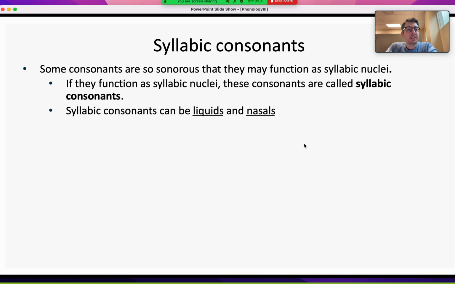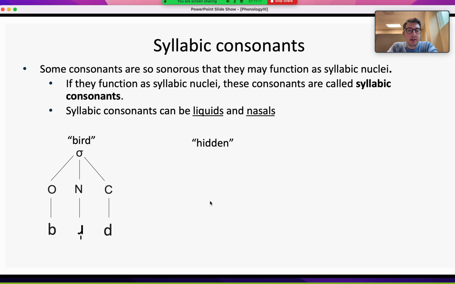All right, let's see some other examples. What should we do when we have bird, when we don't have a vowel at all? Well, this becomes a syllabic consonant. It becomes the nucleus. It carries the syllable. And that's why we mark it with this line below.